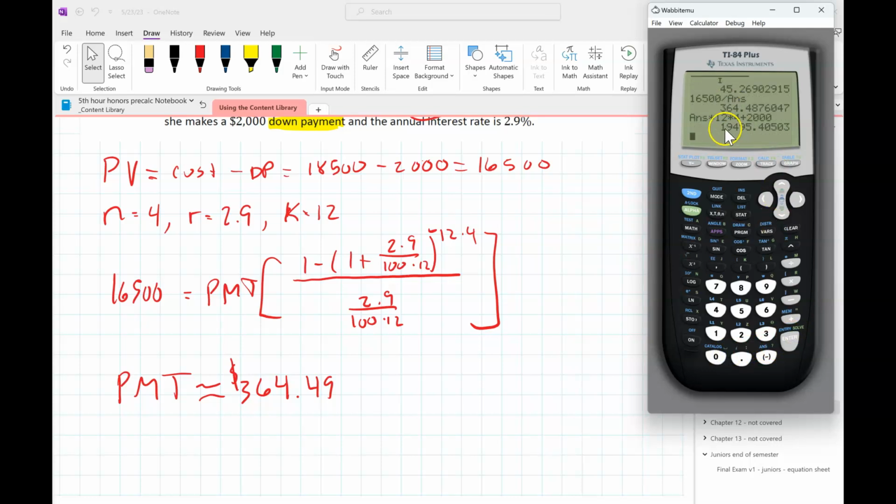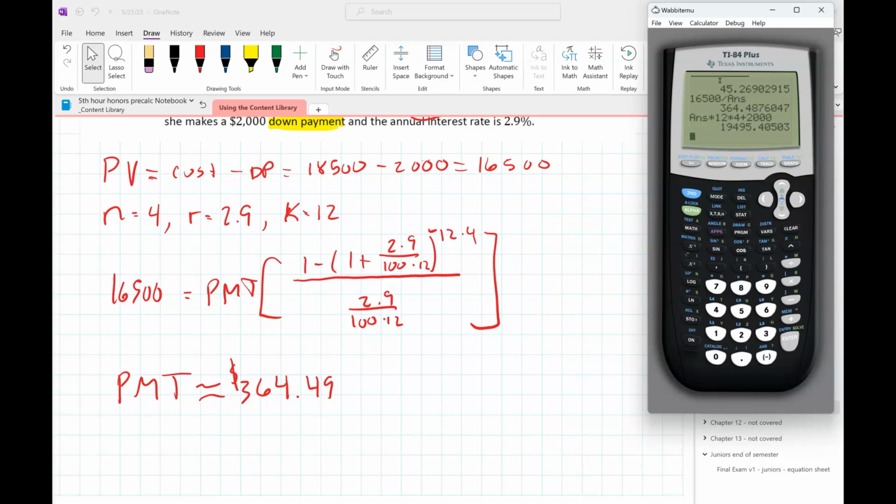I actually ended up paying $19,495.41 for the car. So that cost me about $1,000 in interest to borrow that money. Everybody cool?